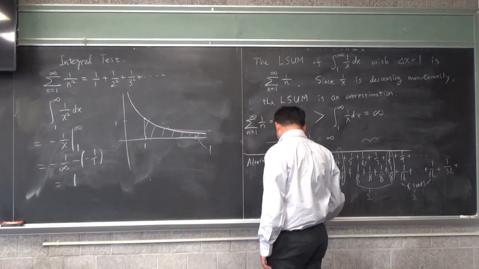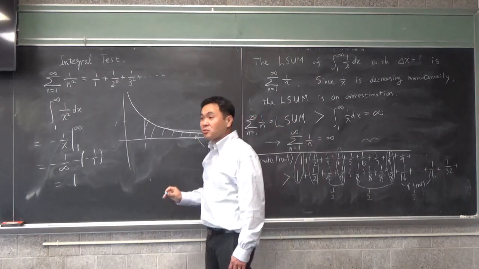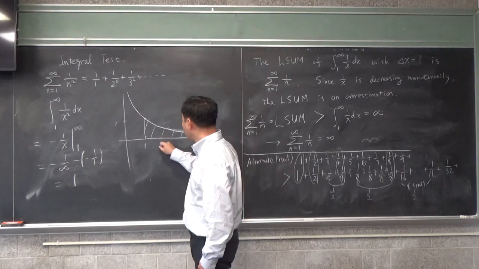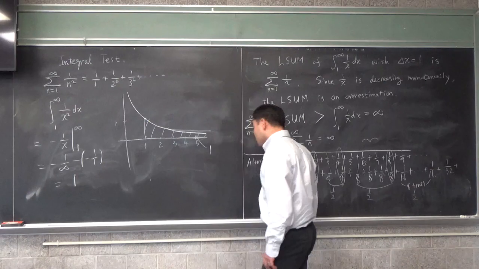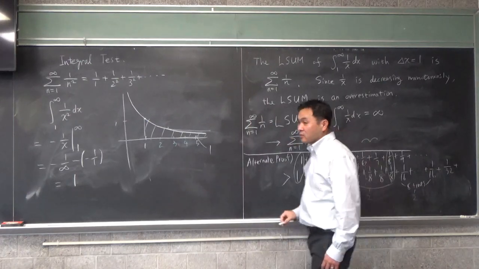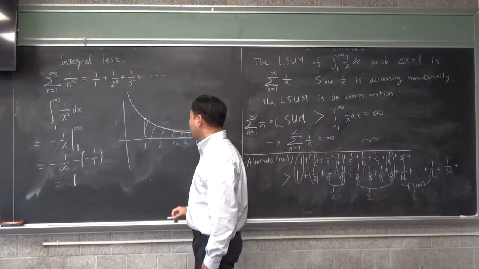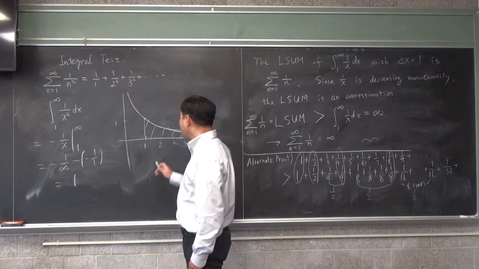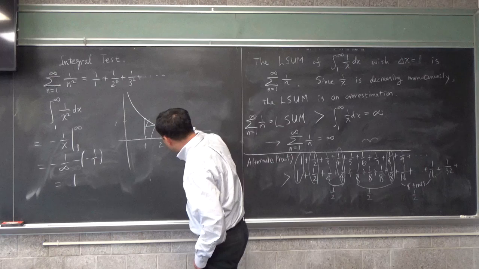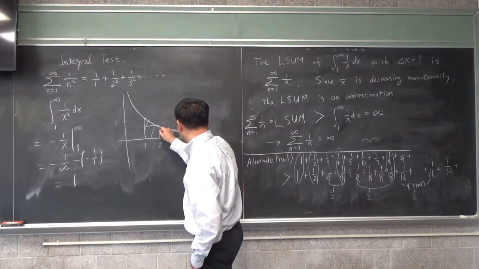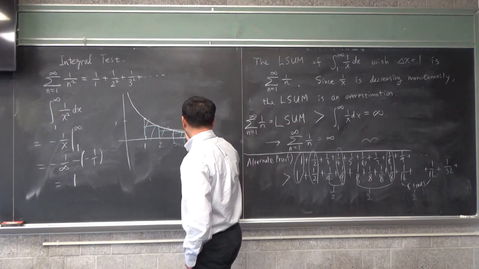Okay, then again we use a similar idea: 1 and then 2 and then 3. Divide this into integer parts and we build rectangles, but this time we're going to use the right sum. How come we want to use the right sum?